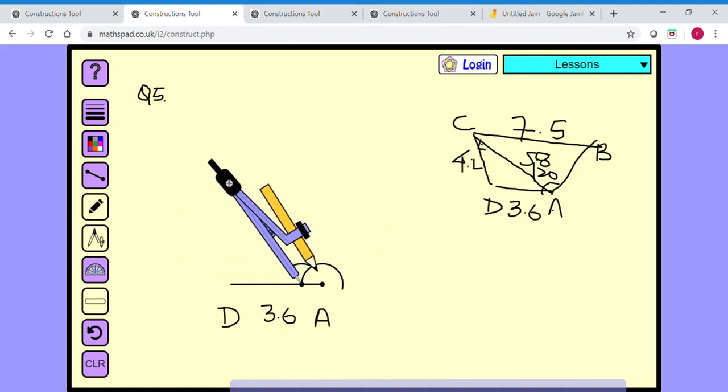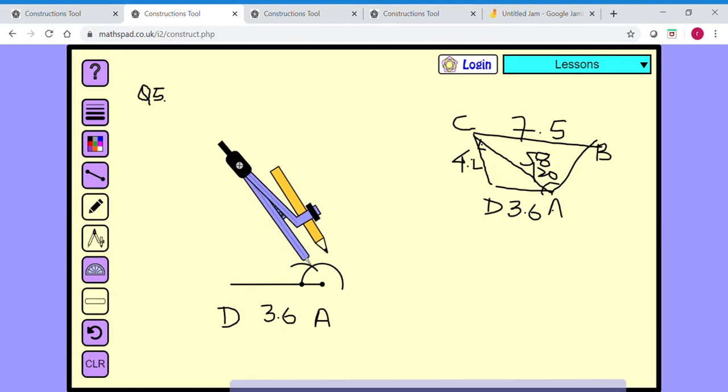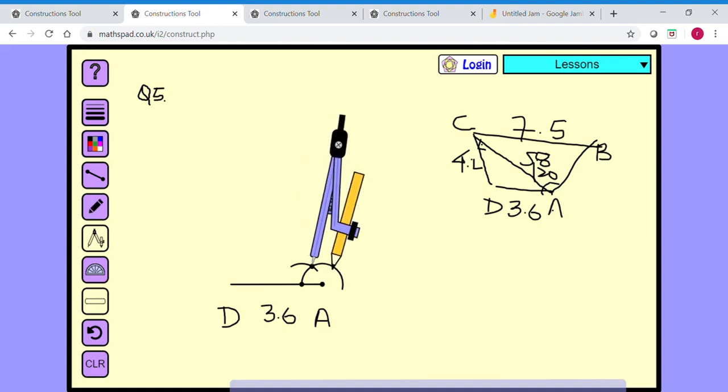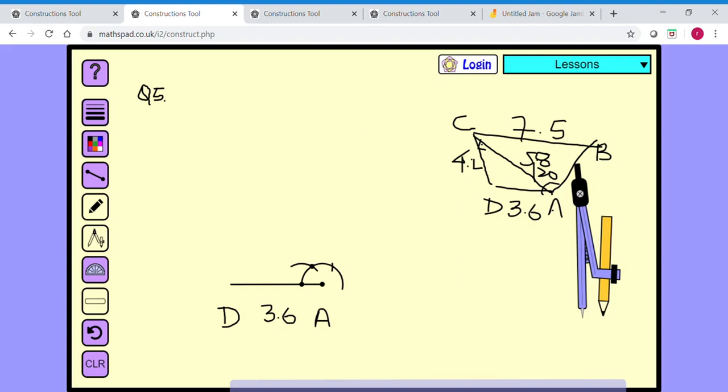Done. Pick the compass up, keep it at the point where the first arc intersected the semicircle, and make my second arc. Perfect. So I've got an angle of 120 degrees. Now let me take a scale and join my point.